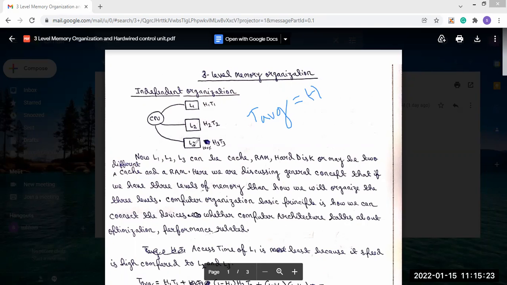So whether you don't find the data in L1 or L2, you will surely find it in L3, because it has the maximum storage.